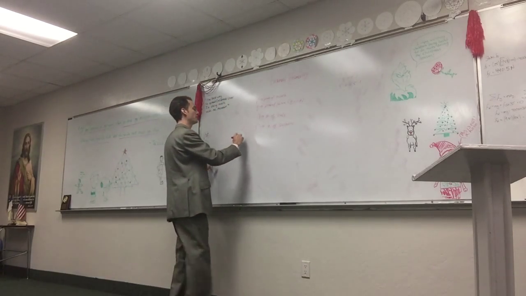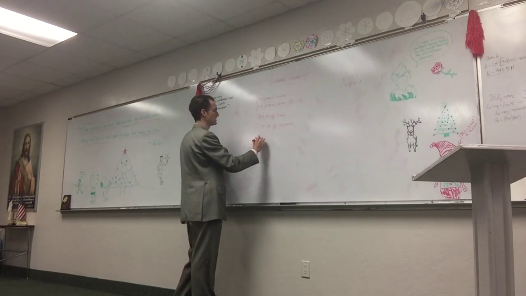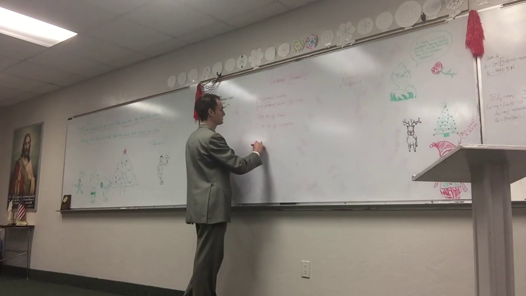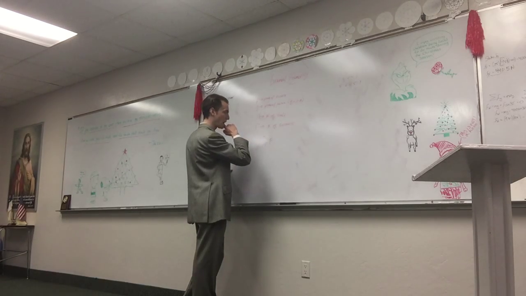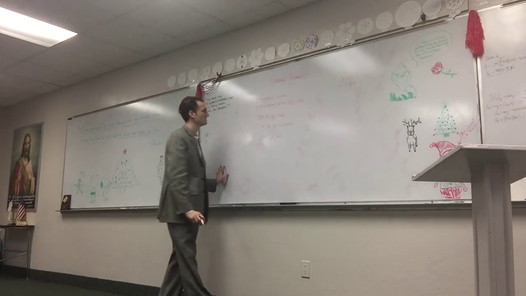Then the probability of getting that many successes is nCr times P to the r times Q to the n minus r. Is that right? I think so.